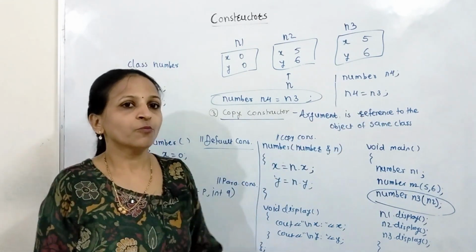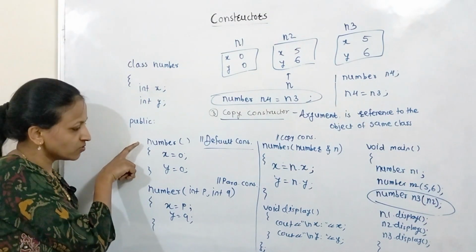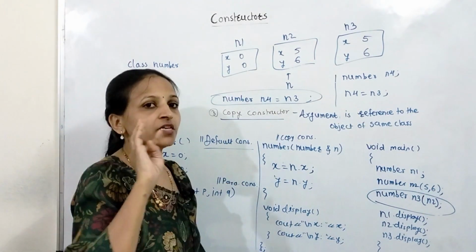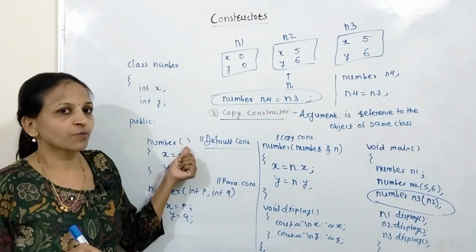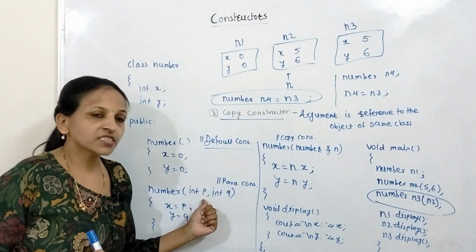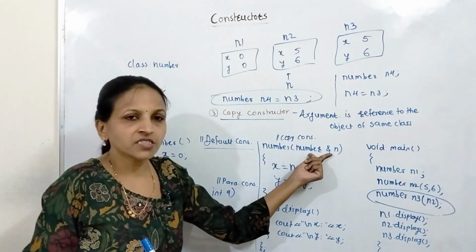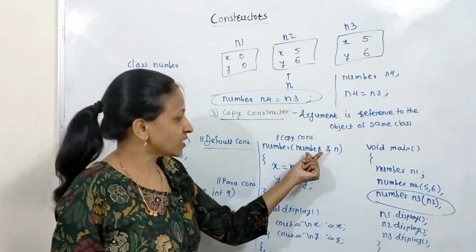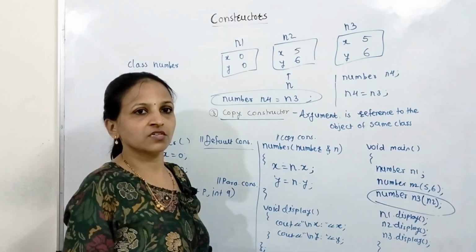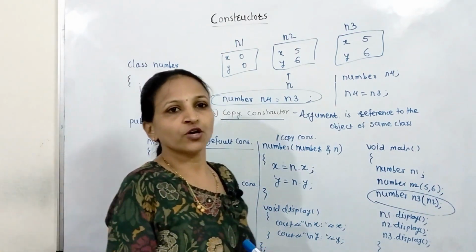Okay, and one more point is there. See, in this class I have written three constructors. This one is a constructor which is not taking any argument. This constructor is taking two arguments of type integer. This constructor is taking a reference to an object of the same class as its argument. Now we know method overloading.